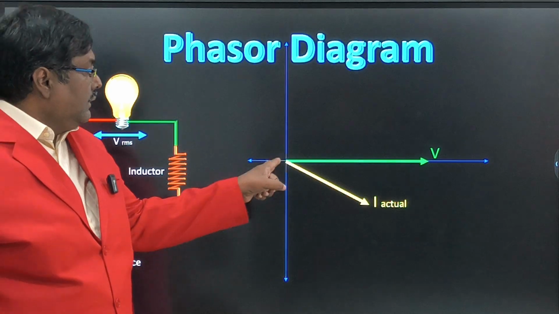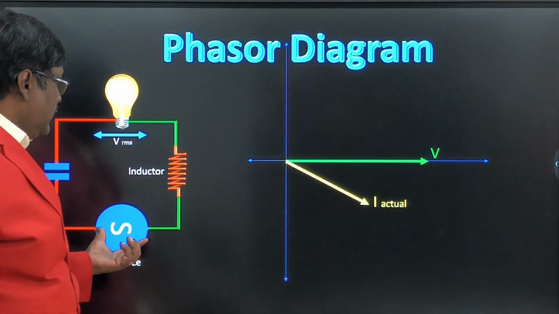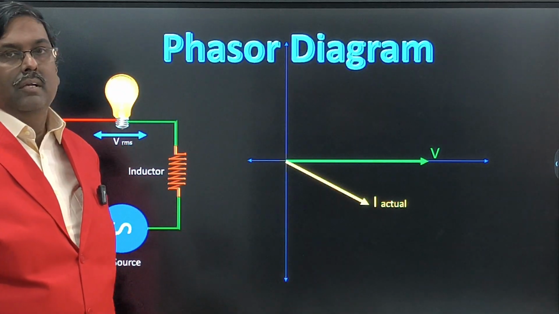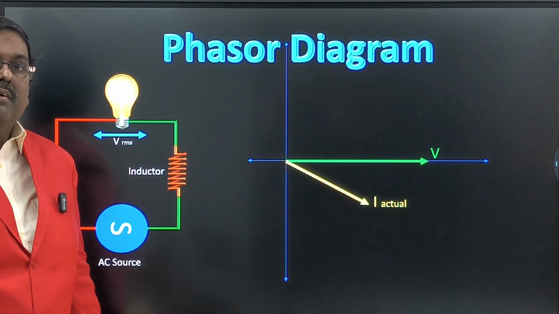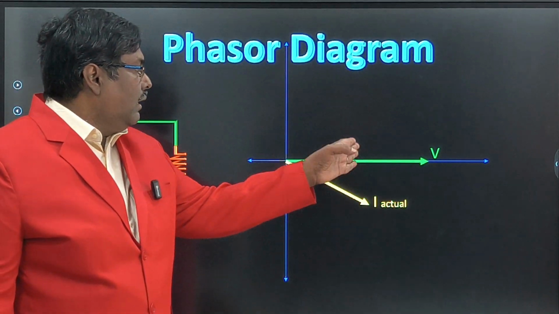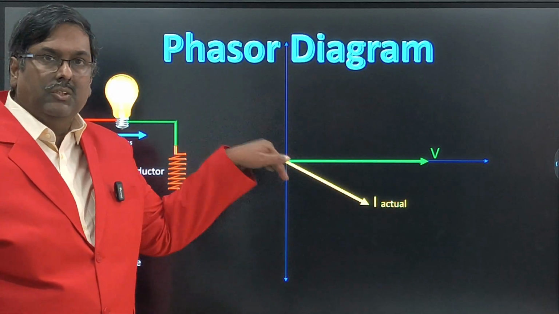Okay, now this is the actual current, that means the source current. How much current is supplied by the source? This is the current. Now we have V and I, but still I is not in phase with V. Correct. So we now have two powers, one power on the vertical side, one power on the horizontal side, because it is on the slope.